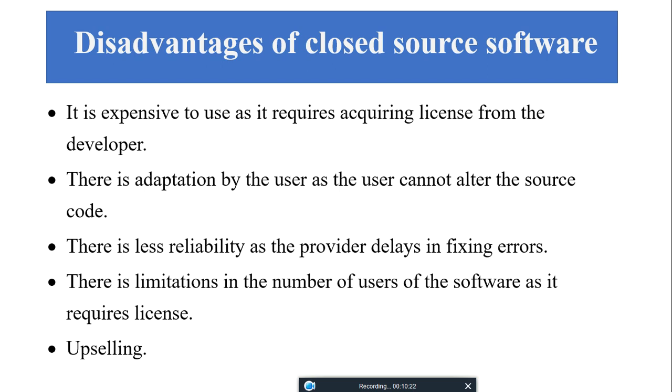There is less reliability as the provider delays in fixing errors. 4. There is a limitation in the number of users of the software as it requires license. 5. Upselling.